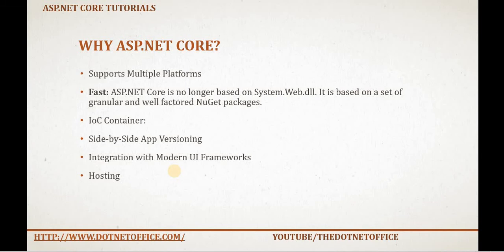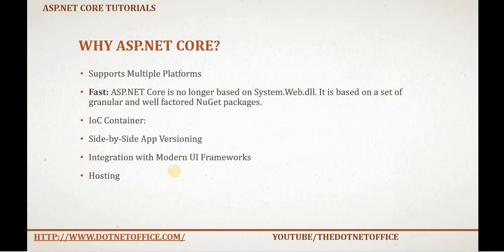Basically it depends on the granular and well-factored NuGet package manager. So all the libraries which are needed, we can download from NuGet as per our requirement. But in ASP.NET, what we used to do, all the libraries, whether we are using them or not, are in our application, and it slows down our application. So that is another advantage.